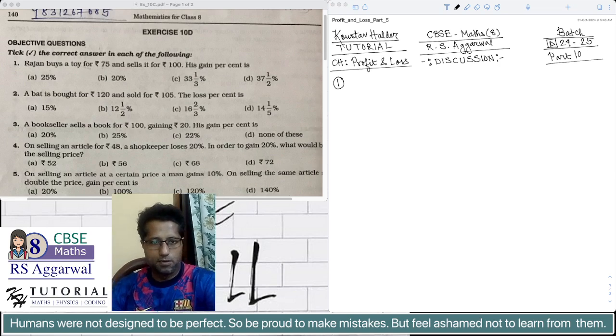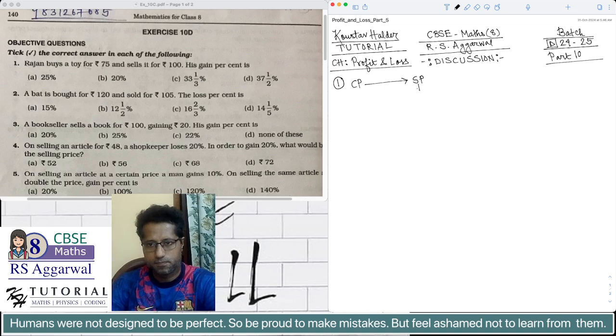Rajan buys a toy for rupees 75 and sells it for rupees 100. His gain percentage? Okay, so this is a pretty straightforward question.